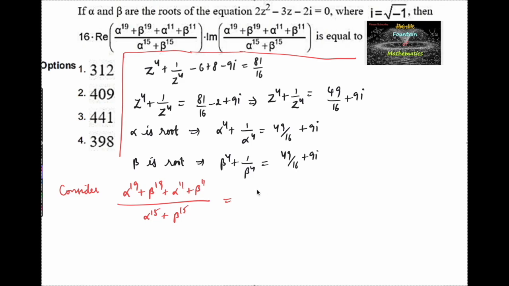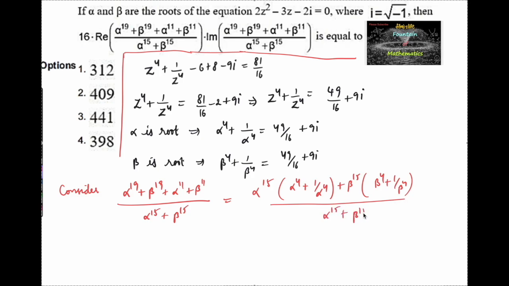Let us take α^15 common, so we'll get α^4 + 1/α^4, and again β^15 taken common, so β^4 + 1/β^4, divided by α^15 + β^15.